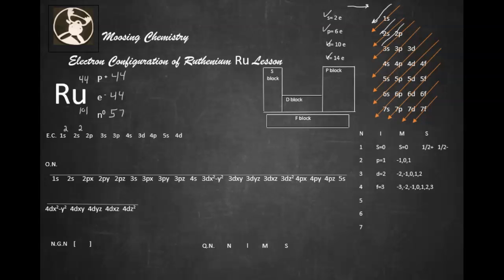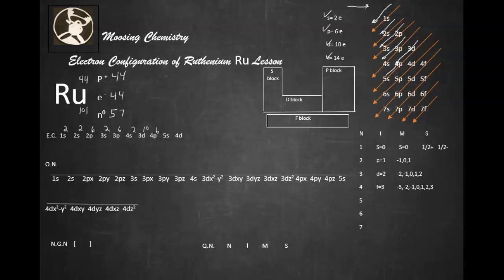2s2. 2p6. 3s2. 3p6. 4s2. 3d10. And 4p6. Now, notice I delayed there.